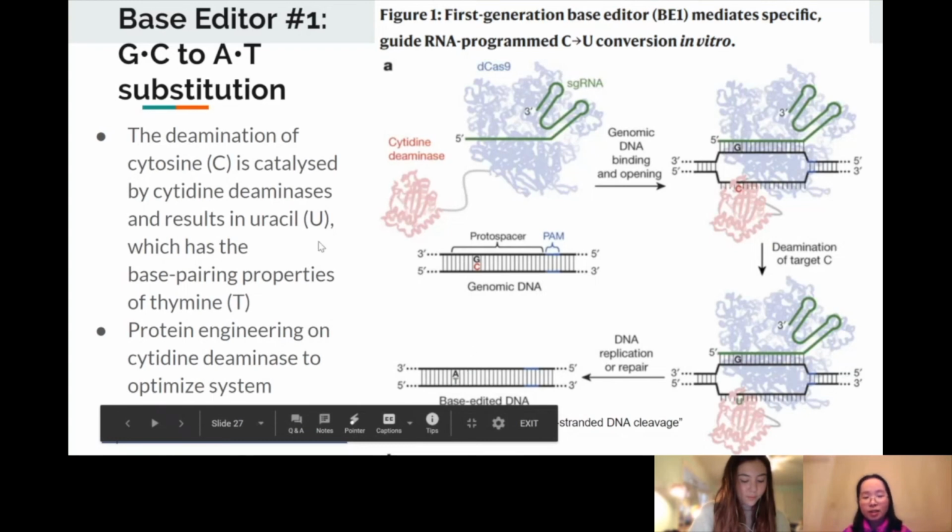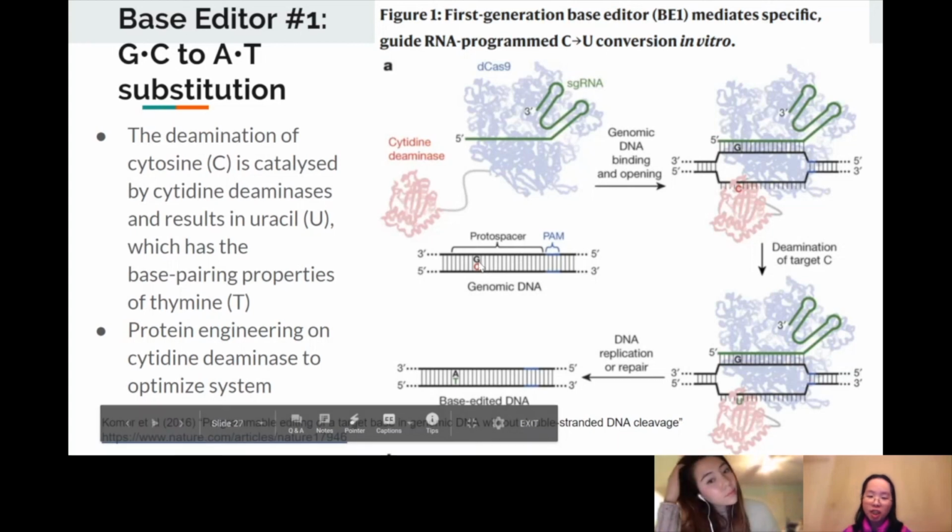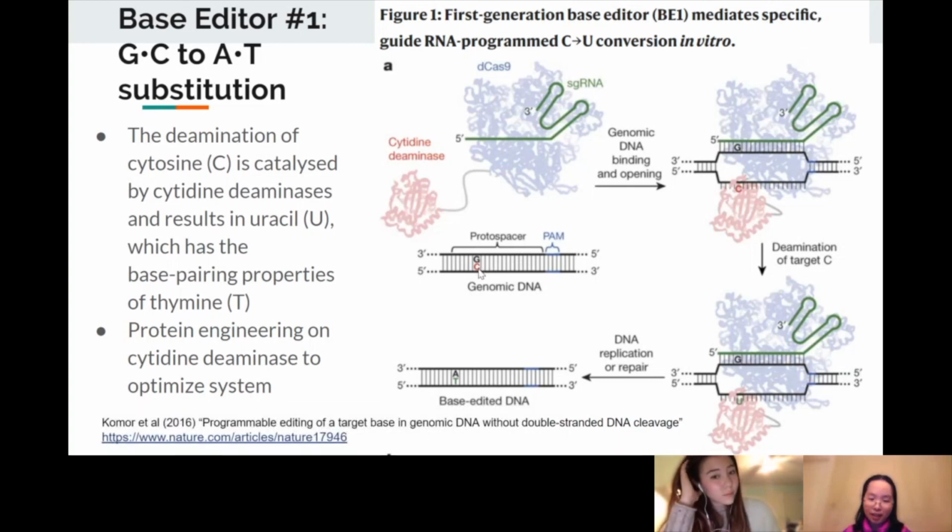You may say this is only going to change C, it's not going to change G. Well, if you want to change G, then you just change the C on the other strand of the DNA, and then you can change the G.